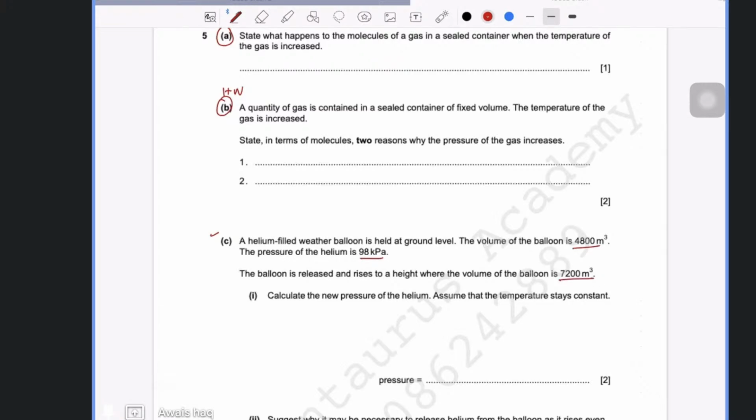So whenever you're comparing the same thing with two different conditions, you are going to use P1 V1 equals P2 V2. The pressure at the start would be 98 kilopascals multiplied by the volume 4800 meter cube. The pressure now we need to find, and the volume now is increased to 7200. So pressure 2 will be 98 times 4800 divided by 7200. Can you find the answer, please?